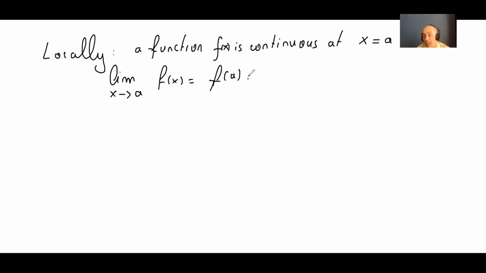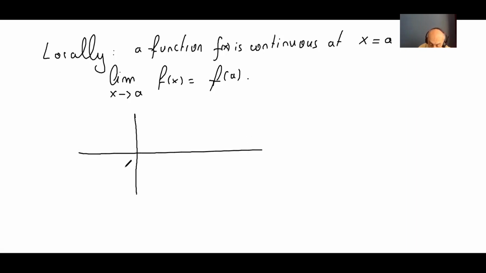So what am I saying here, folks? Let's take a little bit of a break from the definition here, and let's review the concept of limit. With the concept of limit, we could have a situation like this.